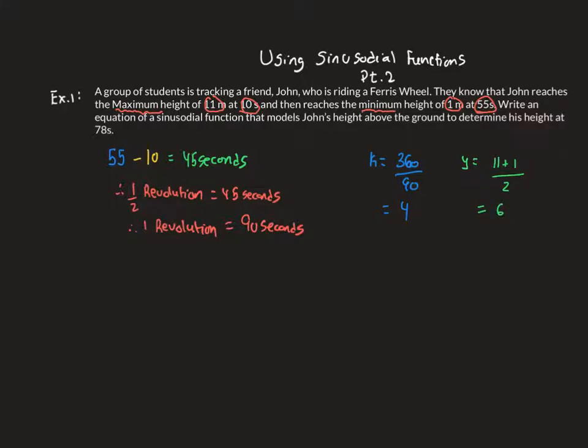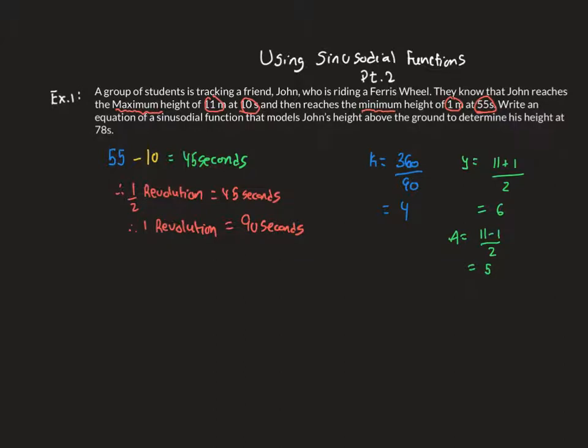So my axis is at 6. How far away was my max from there? My amplitude is going to be max minus min, divided by 2, so my amplitude's 5.